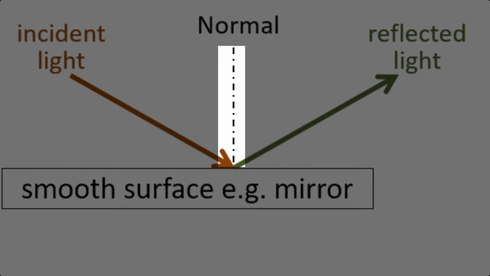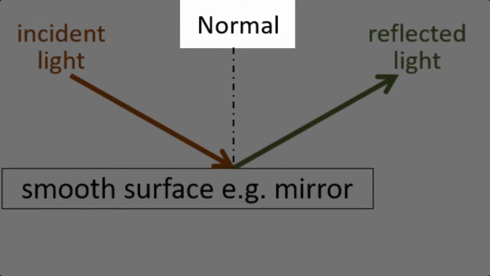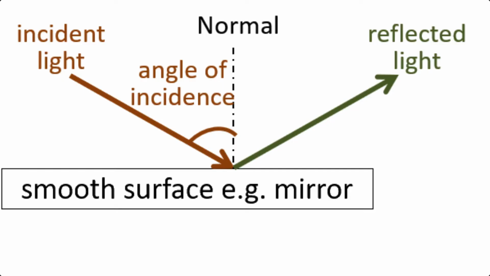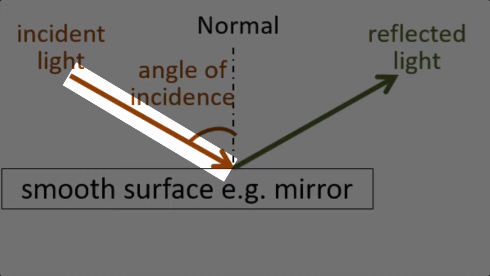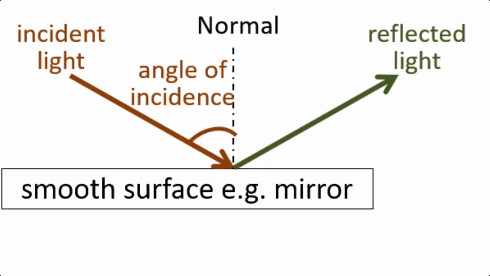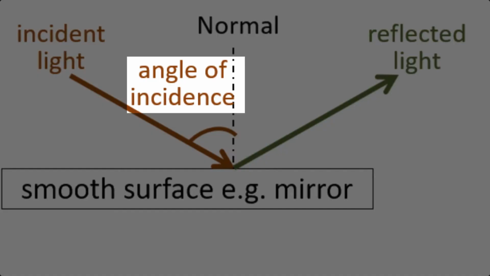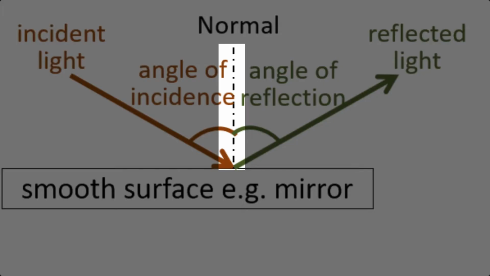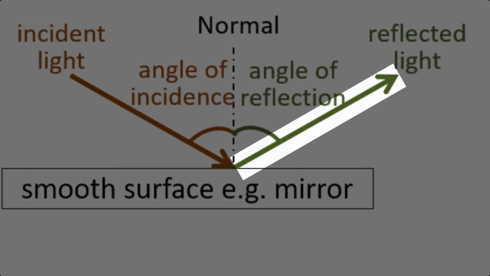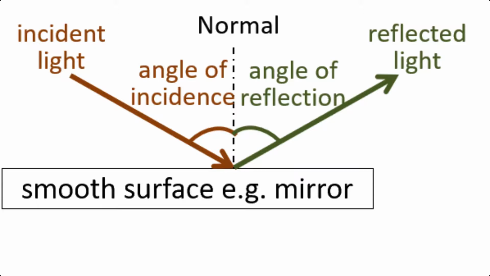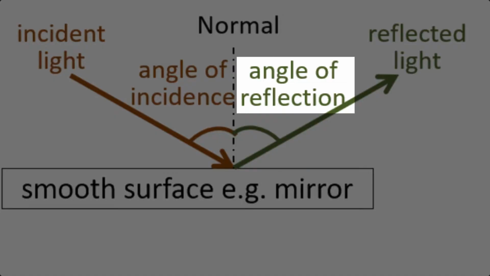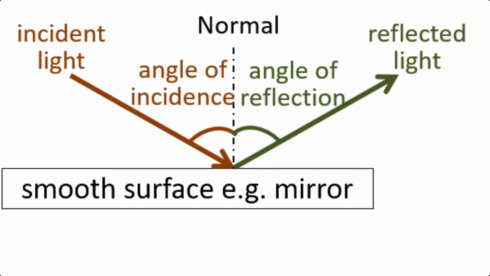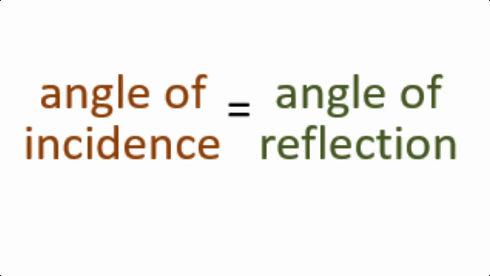That imaginary line is called the normal line. The angle between the incident line and the normal line is called the angle of incidence. And the angle between the normal line and the reflected light is called the angle of reflection. The angle of incidence always equals the angle of reflection, and that's called the law of reflection.